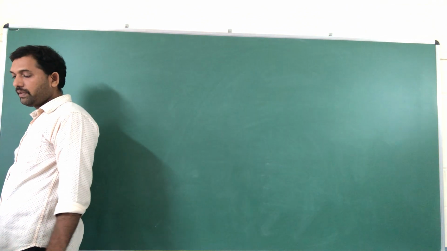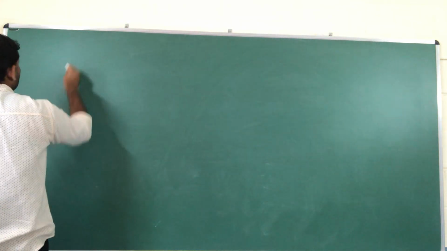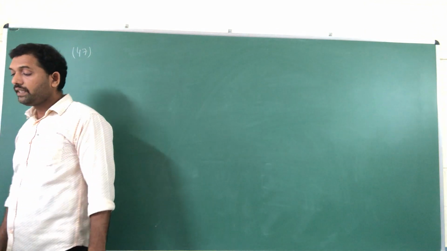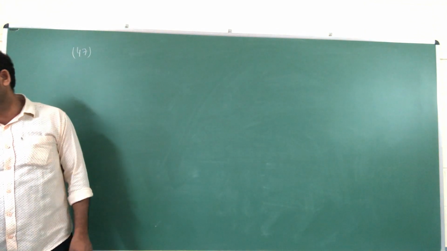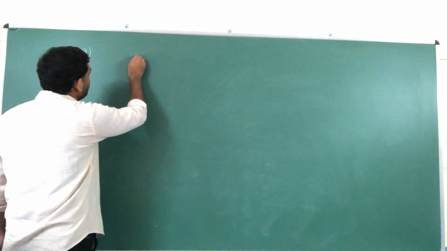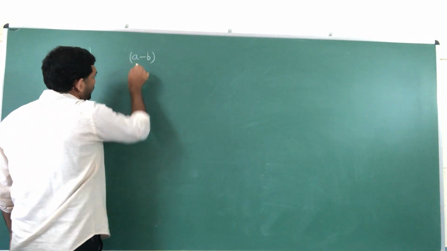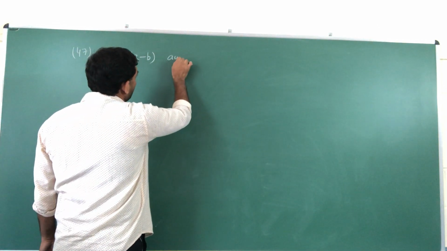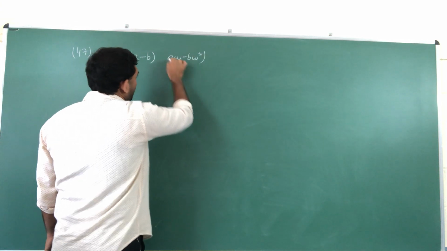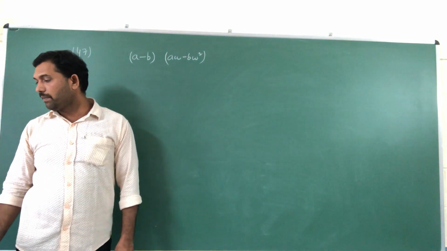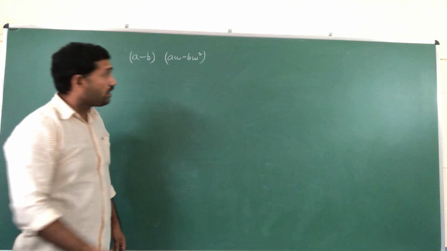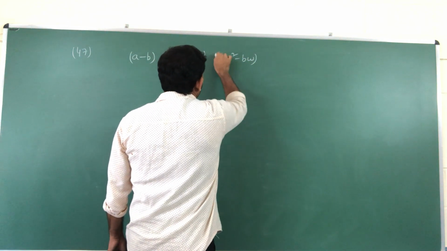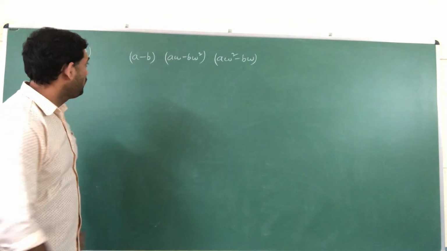Next, question number 47. If omega is an imaginary cube root of unity, then (a − b)(a − bω)... Next, a − bω, a − bω², a ω² − b... Simplification.